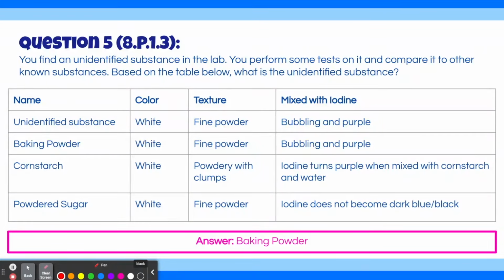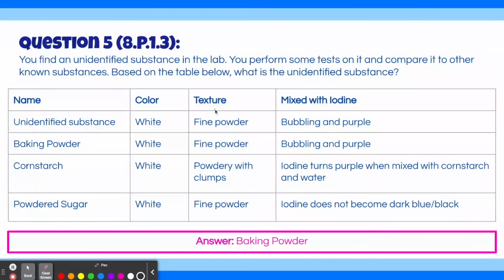Otherwise, let's take a look at this table and compare the properties of the unidentified substance to the other substances given. So the first property given here is color. However, all the powders are white, so this doesn't help. This shows that color isn't always the best indicator when it comes to classifying substances, and you should try not to rely on it.